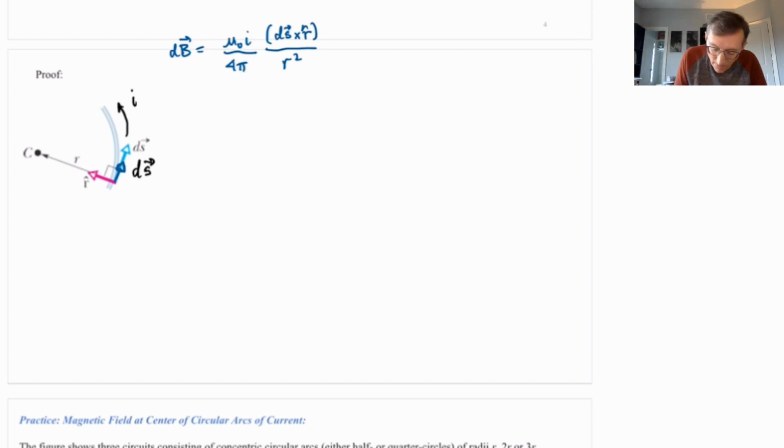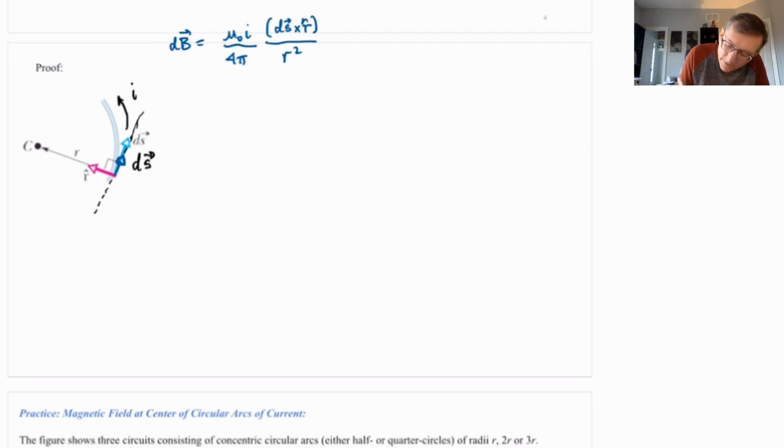Notice that's tangent to the wire. Then draw the distance from that element to the center of curvature. That's little r, and that'll help you draw r hat, because that points along little r from the element towards the center of curvature. All right.